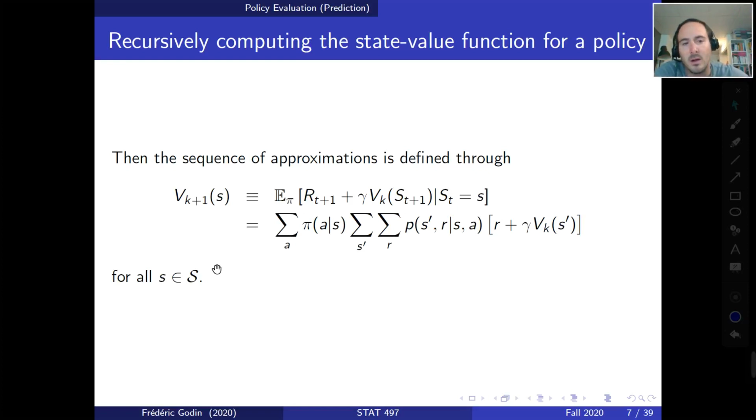Let's say there are 3 states, A, B, C. You start with state A, apply this for state A, and get a new estimate of the value of state A. Then you do that for state B, and get a new estimate for state B. Then you plug in s equals C, and get a new estimate for state C. You have been sweeping through all the states to get new estimated values.